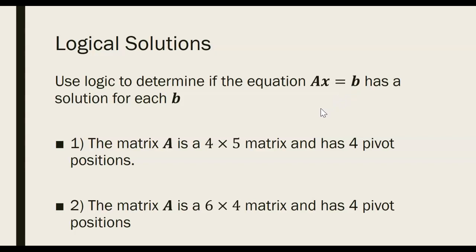And then we'll think about this in terms of what we did in the matrix equations section of chapter 1. So go ahead and push pause on the video, read what the matrix is going to look like, how many pivot positions it has, and then in each case ask if we're going to be able to find a solution for every single B.